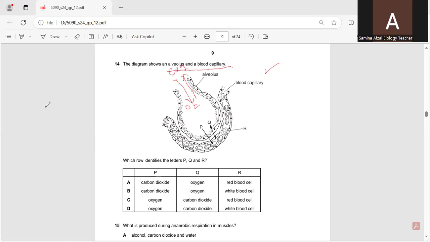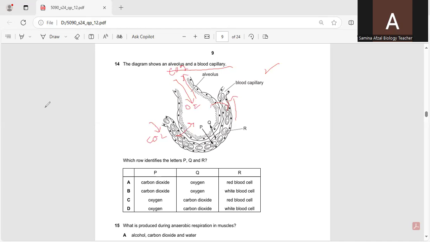Exchange of gases takes place in the alveolus. The blood coming around the capillary has a higher concentration of carbon dioxide, which will be released into the alveolus, and the oxygen will enter the blood capillary, as there is a low concentration of oxygen in it.